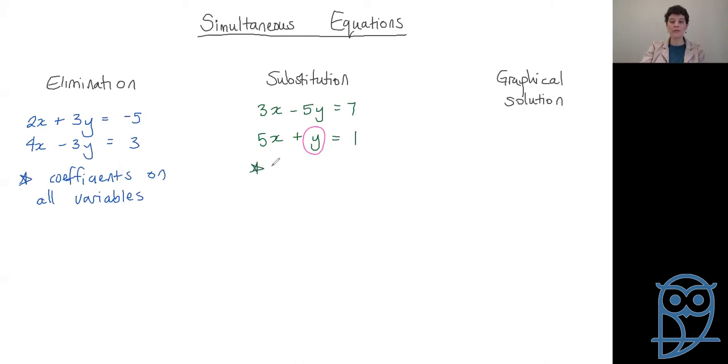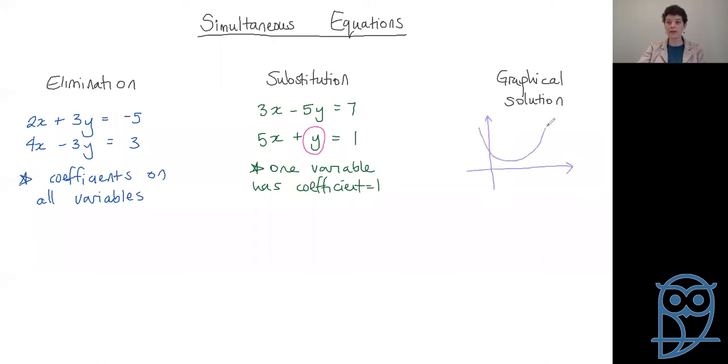So here we have one variable as coefficient equal to 1. Our graphical solution, a little bit less calculation, a little bit more imagery, that's where we would actually have a graph.